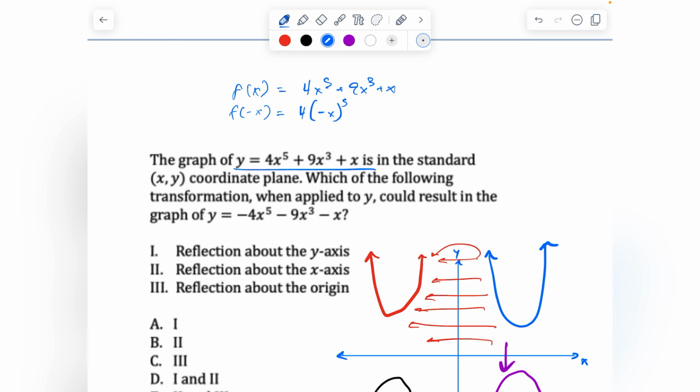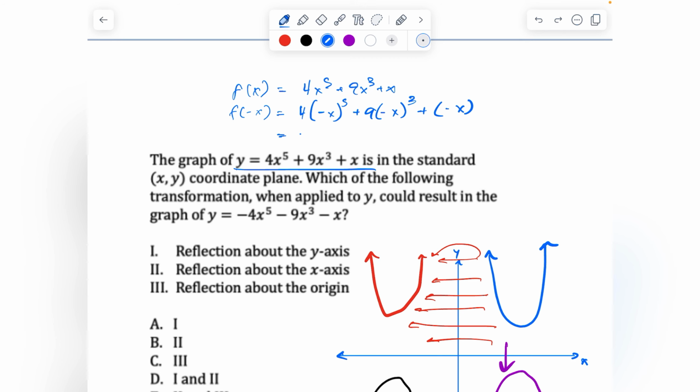Okay, so don't just take each term and put a negative in front of it. Rather, do the parentheses, because you want to be very careful on how you do the sign operations here. Again, we're going to do negative x all to the third plus negative x. And then let's simplify. This equals 4 times negative x to the fifth. A negative number to an odd exponent is going to give you a negative number.